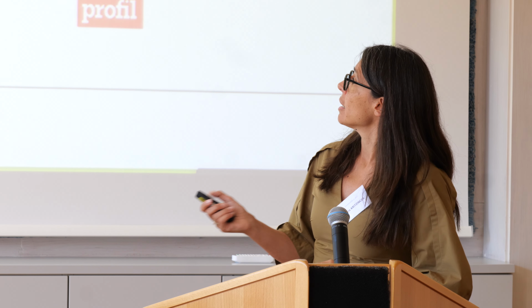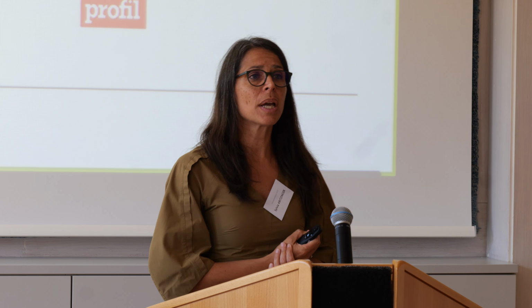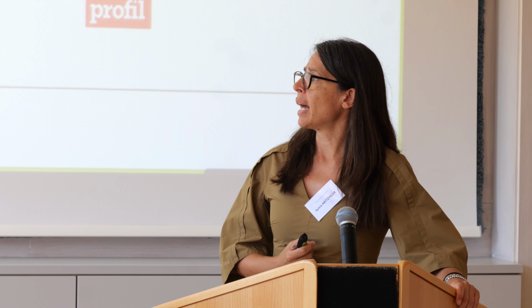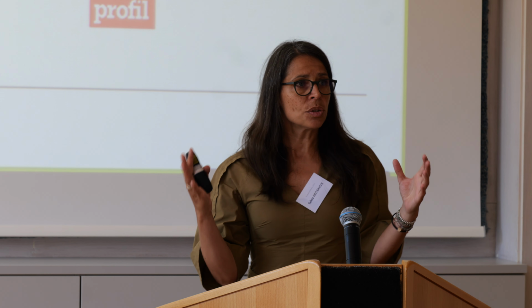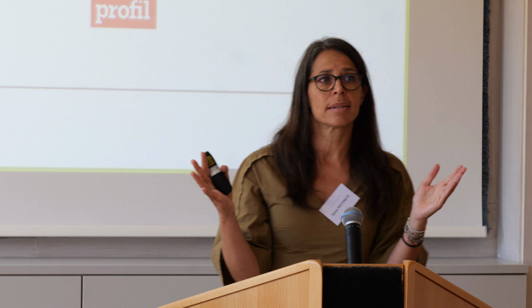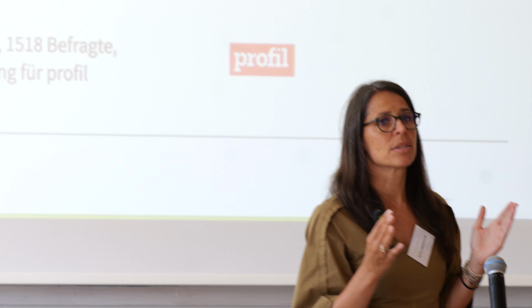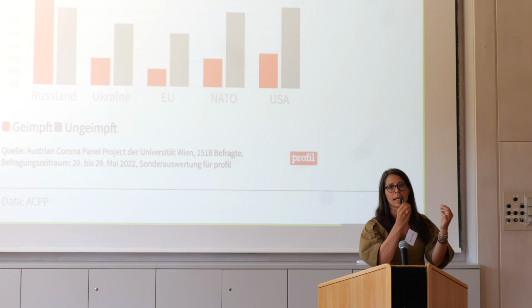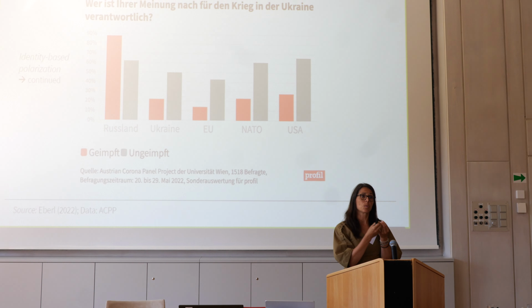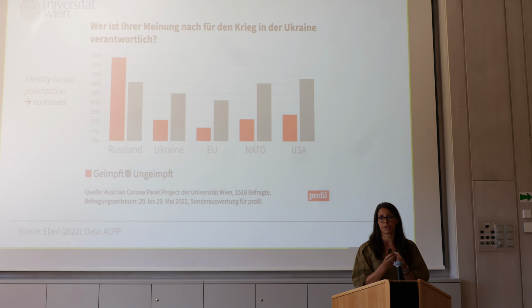And this is exactly what we did in ACPP, which was published about two weeks ago in the Profil, where we took the divisions that we know exist with regard to vaccination in Austria and saw how these vaccination identities are connected to how the war in Ukraine is perceived.